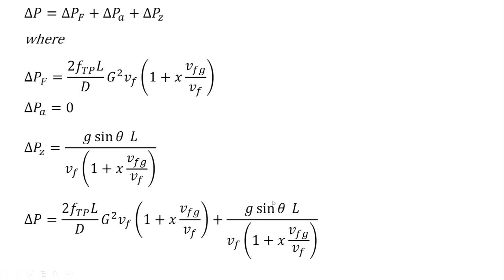So, we have delta P equal to delta Pf plus delta Pa plus delta Pz, and delta Pf is equal to 2 FTP L by d g square Vf, 1 plus x Vfg by Vf. Delta Pa is equal to 0, and delta Pz is equal to g sin theta L upon Vf, 1 plus x Vfg by Vf, and by adding all these three, we get the total pressure drop.